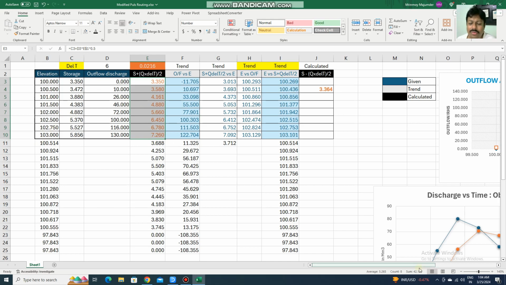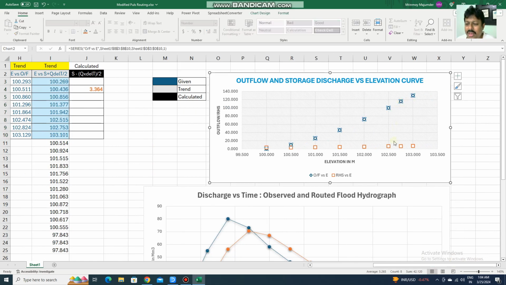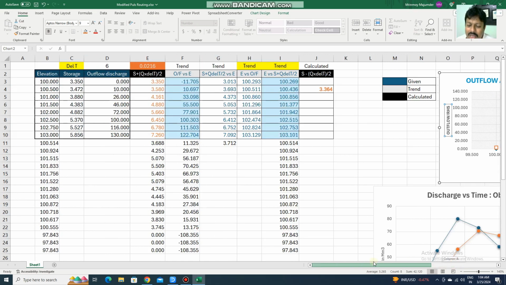For one it is outflow discharge, and for the other it is the RHS. So this is elevation, this is outflow, as well as the RHS of that rearranged continuity equation.